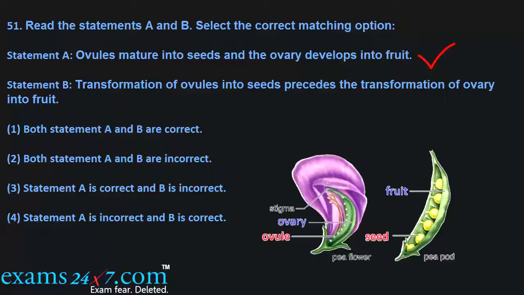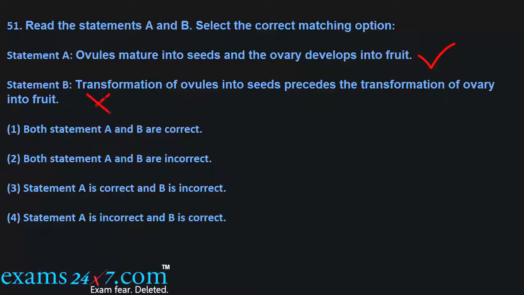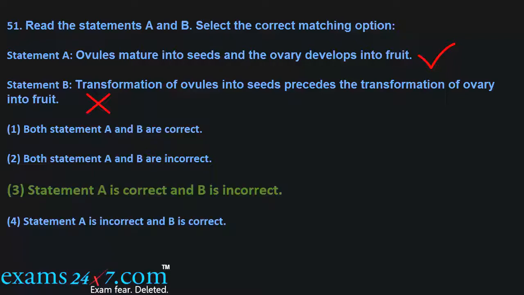I hope all of you know, the transformation of ovule into seed and ovary into fruit occur at the same time. Thereby statement B is incorrect. So the answer is option 3, which says statement A is correct, B is incorrect.